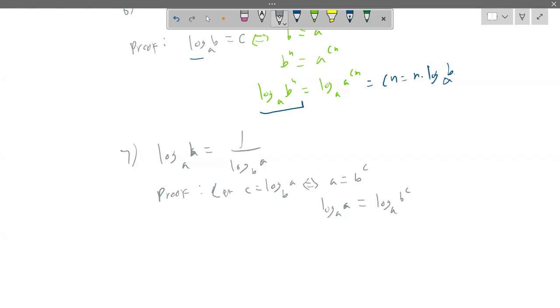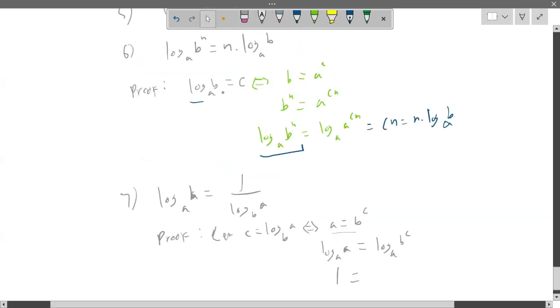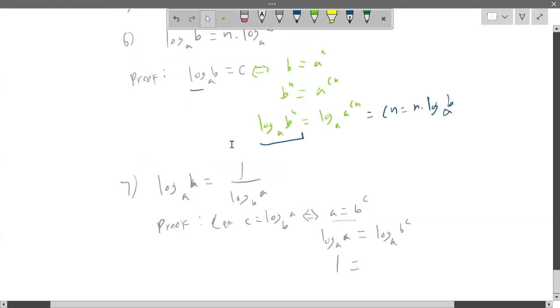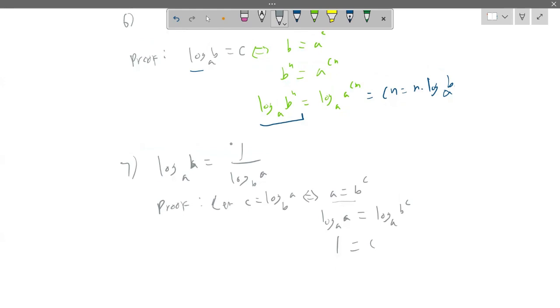So from this step, we take the logarithm of both sides with base a, if that makes sense. So like log a both sides, if you like. The left-hand side here is equal to 1, while the right-hand side, from the sixth property, can be rewritten as c over log of b base a.